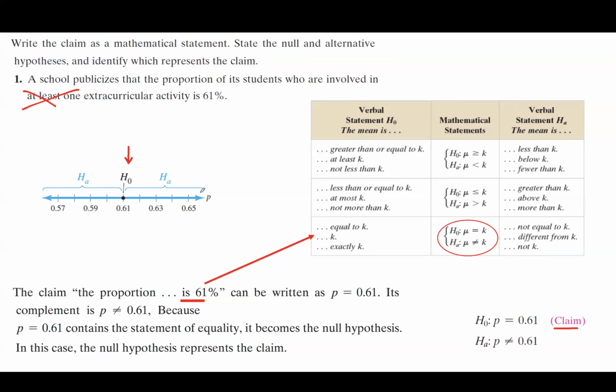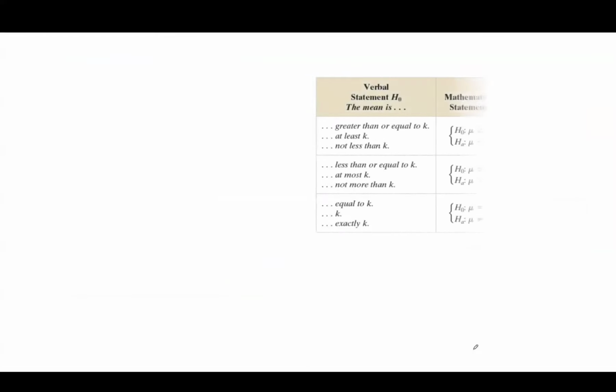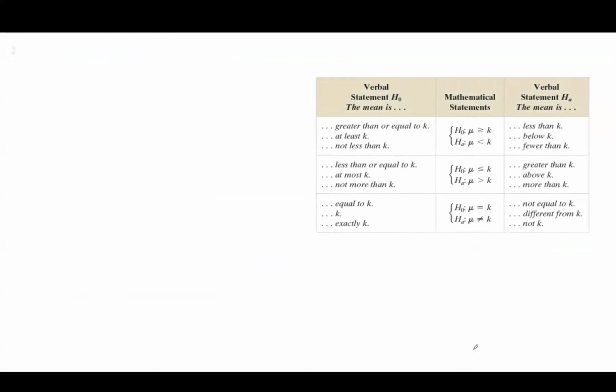After we state the null and alternative hypothesis, we have to run some tests. So here's a summary for you. Now, let us take a look at this question. A car dealership announces that the mean time for an oil change is less than 15 minutes.